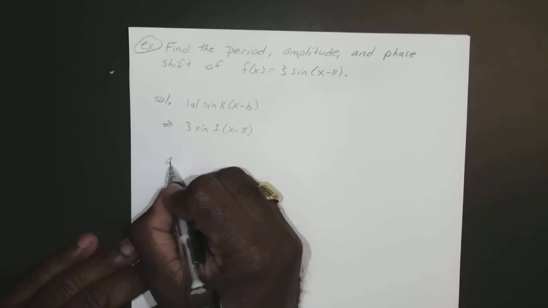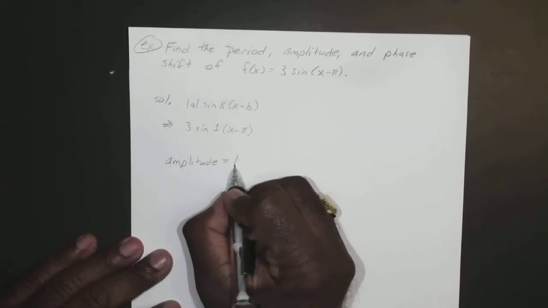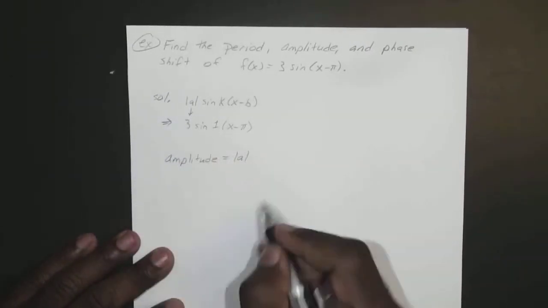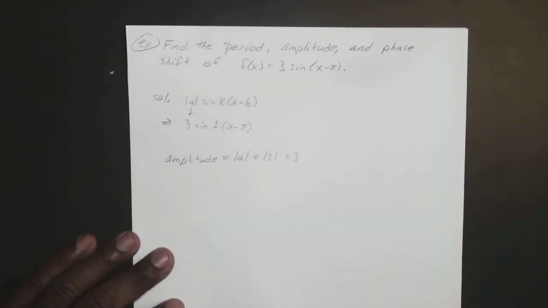So our amplitude, remember that's absolute value of a, which if you line those right on up, is absolute value of 3, which is 3.